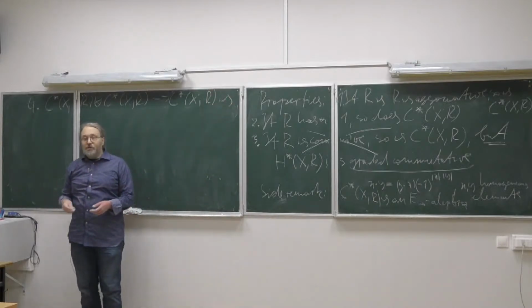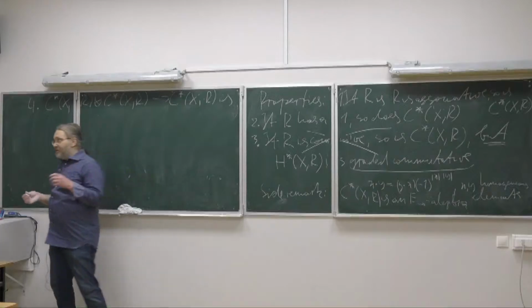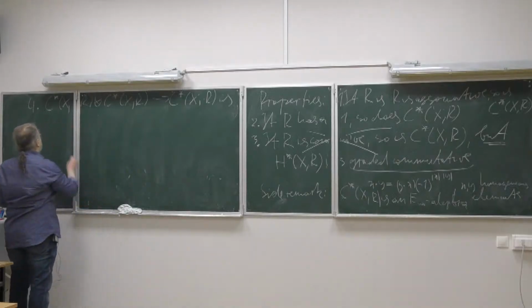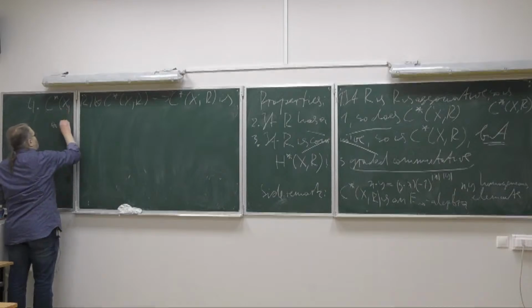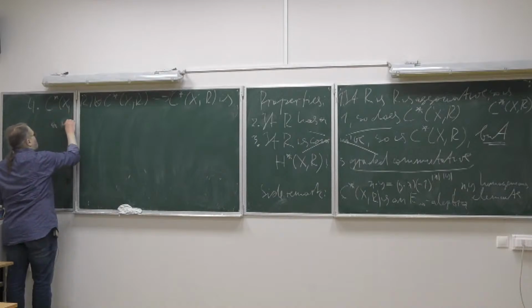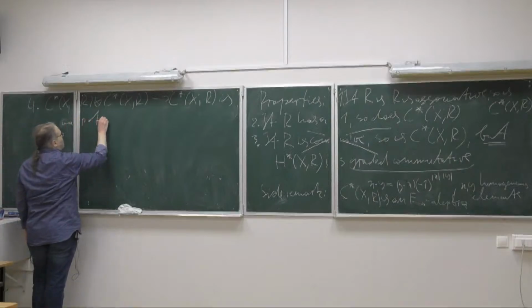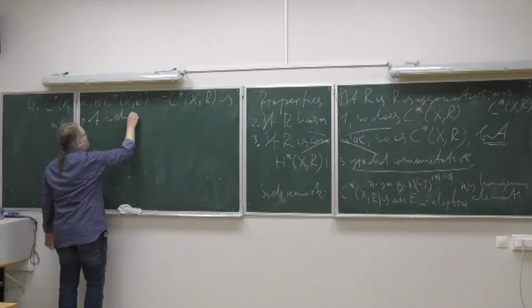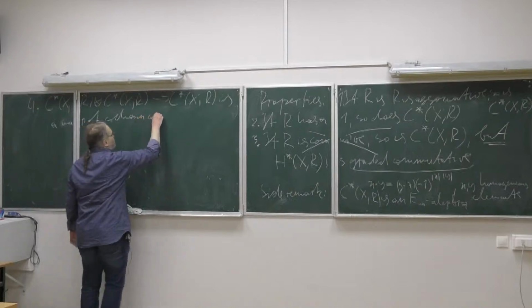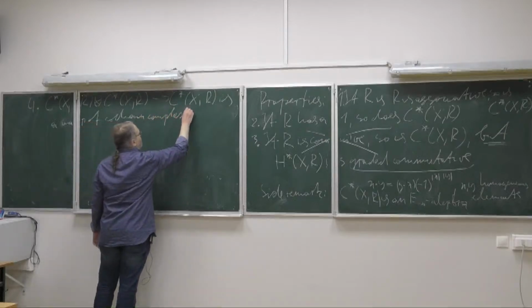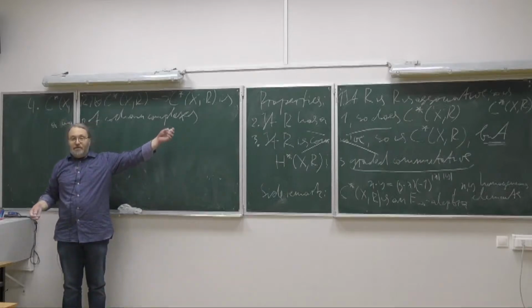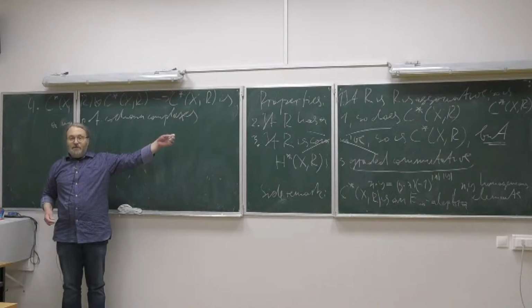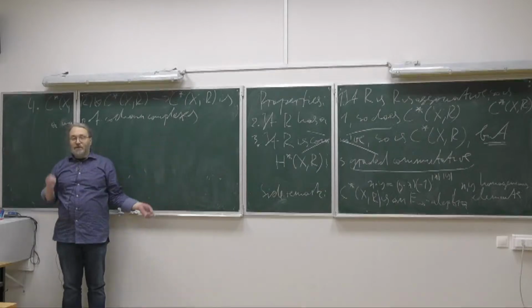The multiplication is a map of chain complexes, or cochain complexes. And basically we constructed it in such a way as to get a map of cochain complexes.